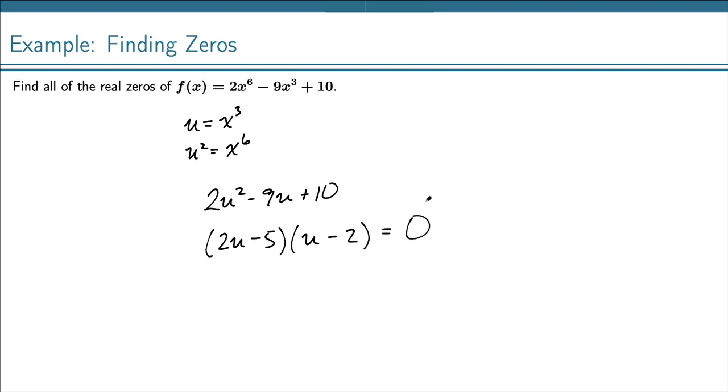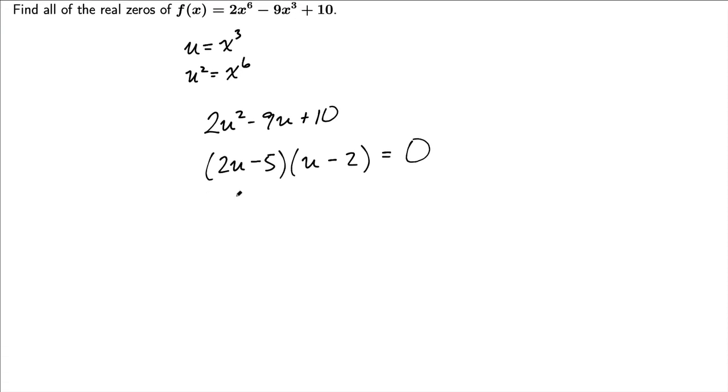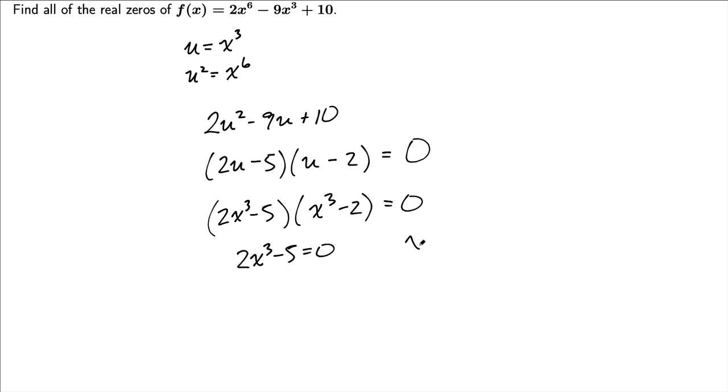And this is good. We've got this equal to 0. And notice that the u is x cubed, right? So we had 2x cubed minus 5 times x cubed minus 2. Well, for our zeros, we have 2x cubed minus 5 equals 0, and x cubed minus 2 equals 0.